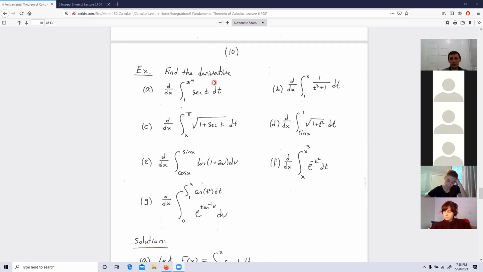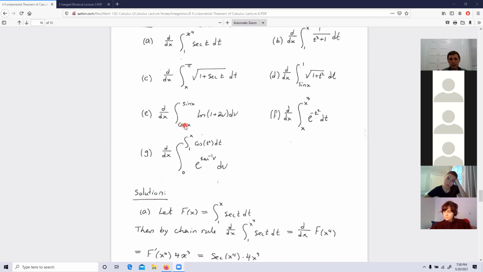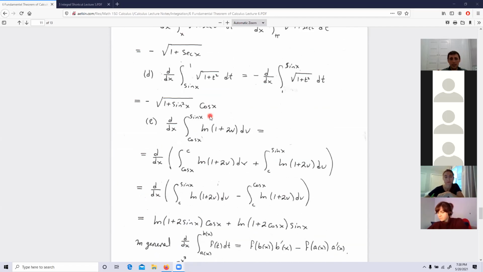Think about it. Do you remember that property that you can break an integral at a constant? There is cosine to sine, and if you had a constant in between, you can break the integral. And that's what we are going to do.